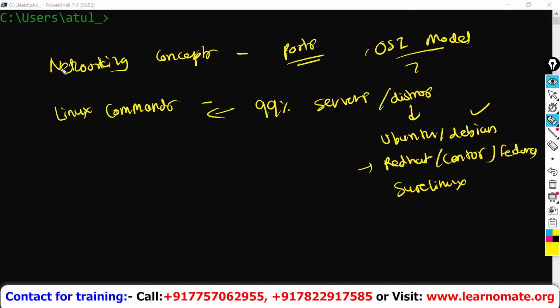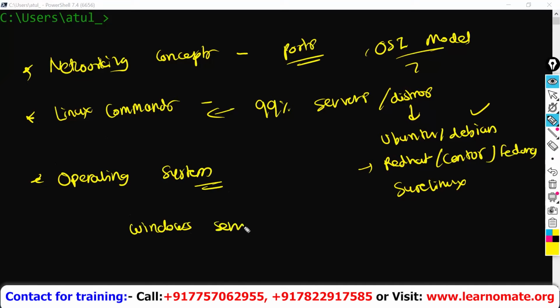So you should have a networking concepts background, Linux commands background, and operating system background. In case of operating systems, when you are learning AWS, we will mostly work hands-on with Windows servers 2012, 2016, 2022.